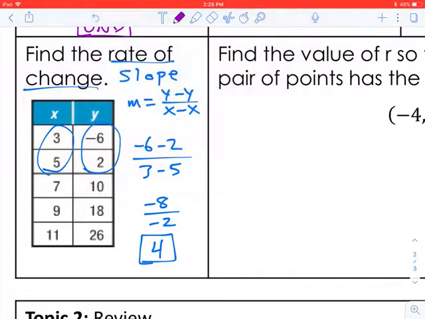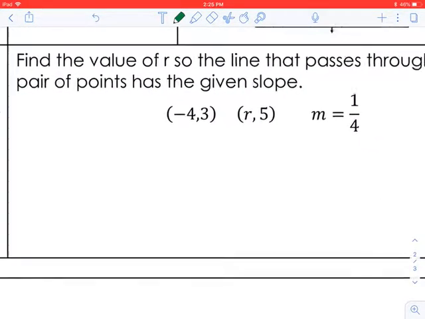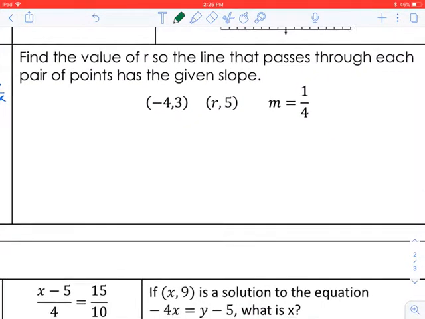Okay. And so the last one here, I've got the same deal. It says find the value of r so the line passes through each pair of those points and has the given slope. So I have the slope. I need to find the missing value. So m equals y minus y over x minus x.